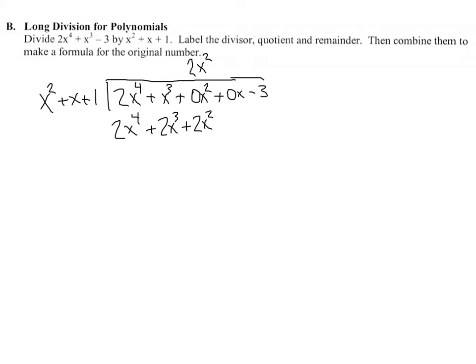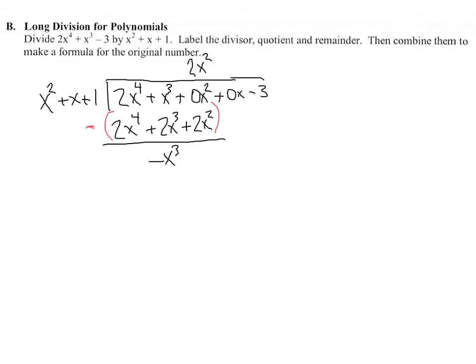And then just like before, I'm going to subtract that entire thing from the row above. So I like to put parentheses around it. It reminds me that I need to subtract every single term. Okay, and when I do that, I should always get 0 for the first part, 2x to the fourth minus 2x to the fourth, that goes away. x cubed minus 2x cubed is a negative x cubed.